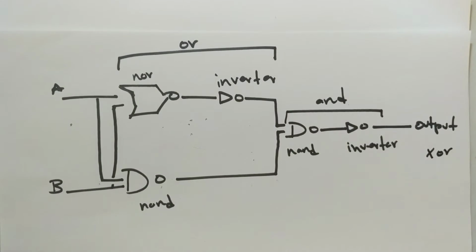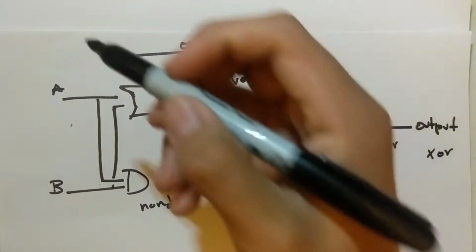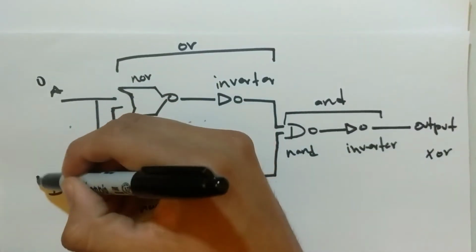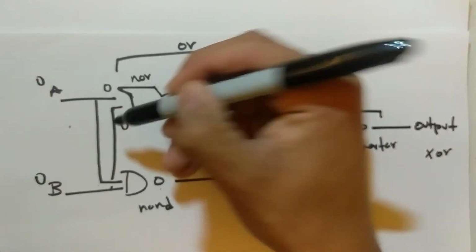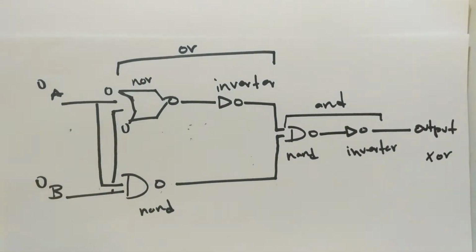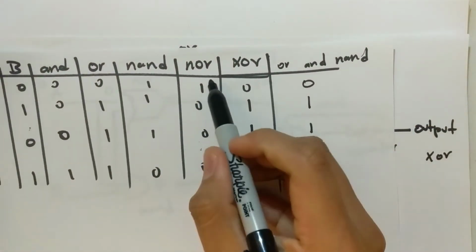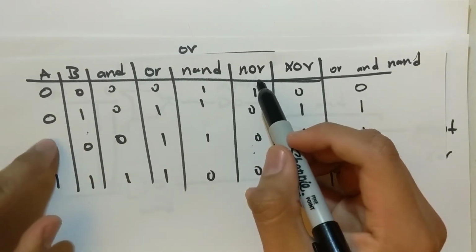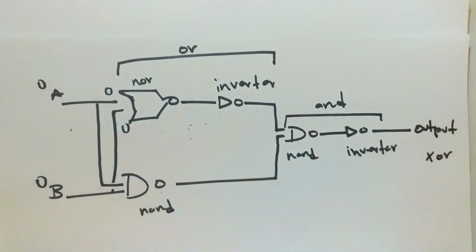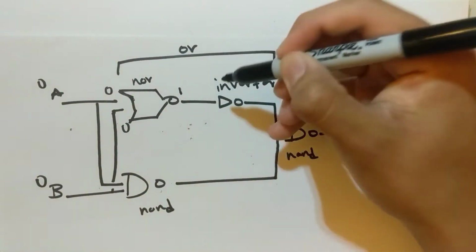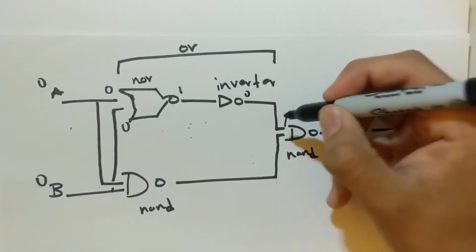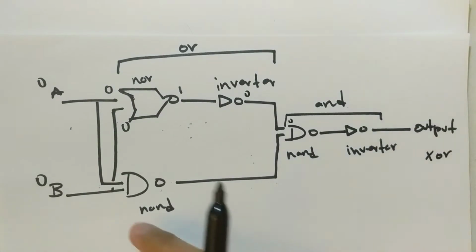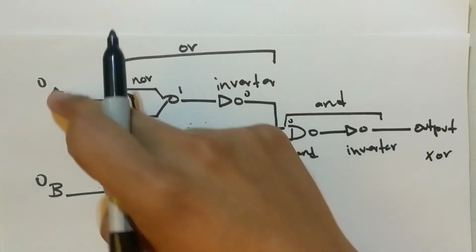So now let's just quickly run down this entire gate, give it an example. Let's say we have 0 0 as our input. What's the NOR of 0 0? NOR of 0 0, 1. Okay, 1. Inverse of 1 is 0. So let's give it a 0 right here. All right, what's the NAND of 0 0?